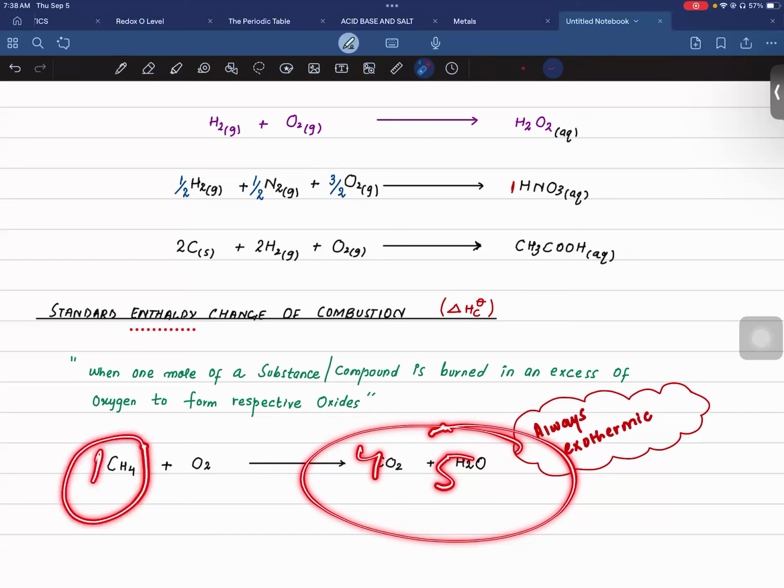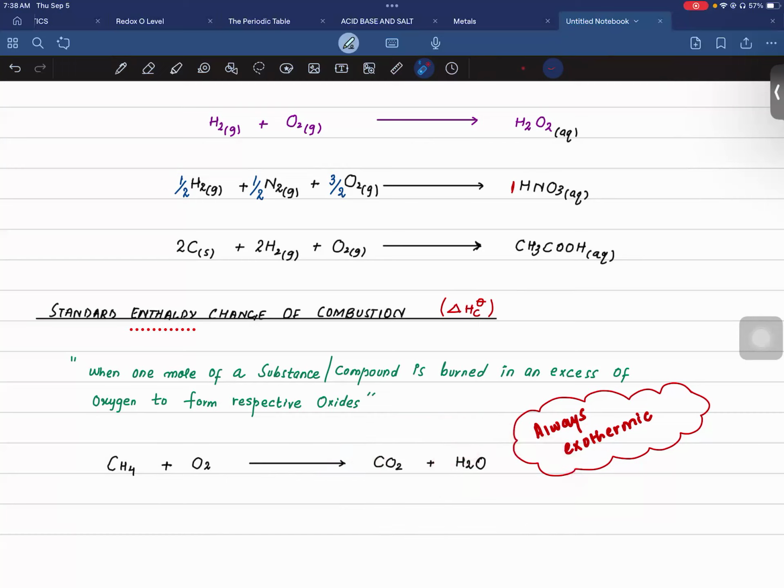It should always be 1. 1 mole of a compound is burned. 1 mole of a compound is going to react with oxygen. So it should be 1. This is always fixed. In the formation, I used to have 1 mole of a product. But in this process, we must have 1 mole of a compound.